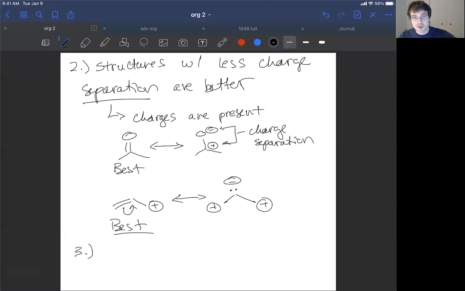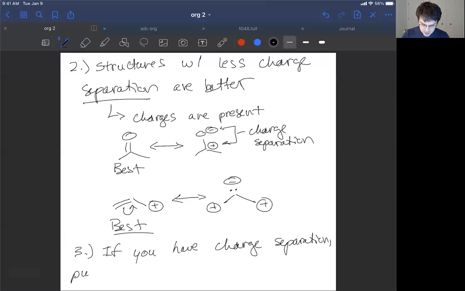The third rule, which is after rules 1 and 2, is the one that I don't want you to think is most important. I just can't emphasize that enough. And the reason why I'm making a big deal about it is because many people do emphasize it too much. And that is, if you have charge separation, I'm going to tell you what makes things a better resonance structure.